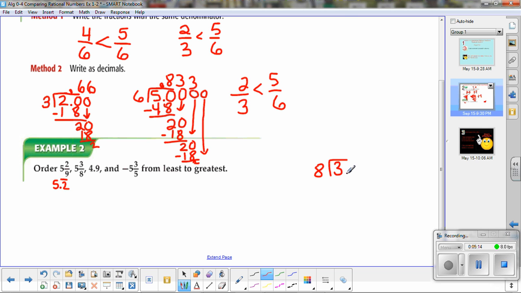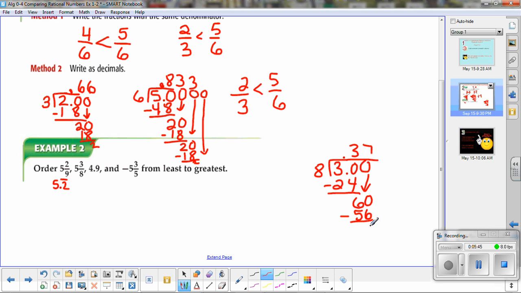8 doesn't go into 3, so add a decimal point and a 0. 8 goes into 30 3 times. 3 times 8 is 24. 30 take away 24 is 6. Add a 0, bring it down. 8 goes into 60 7 times. 7 times 8 is 56.